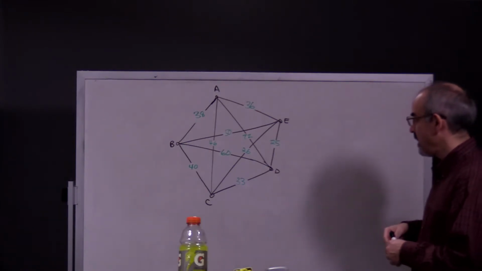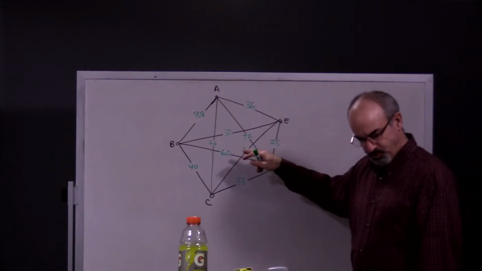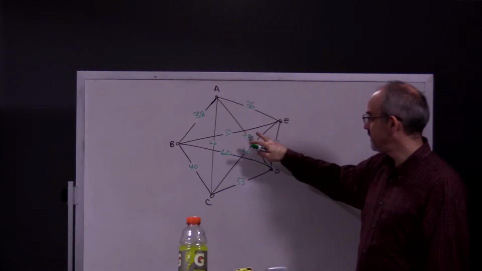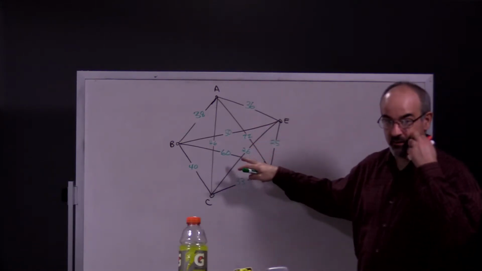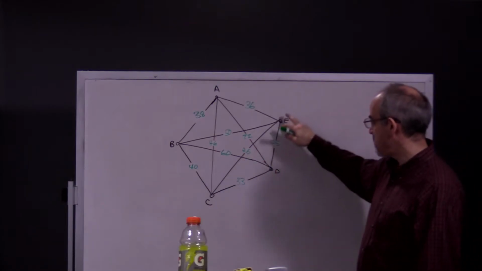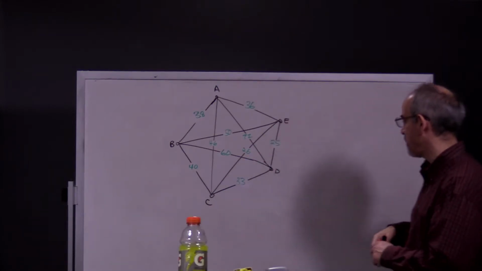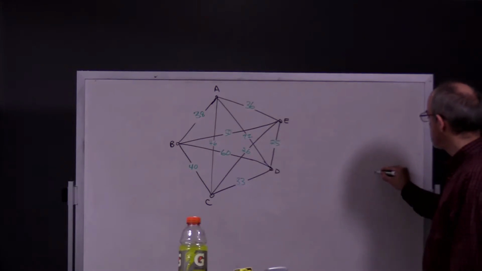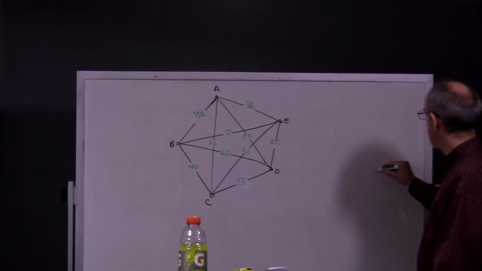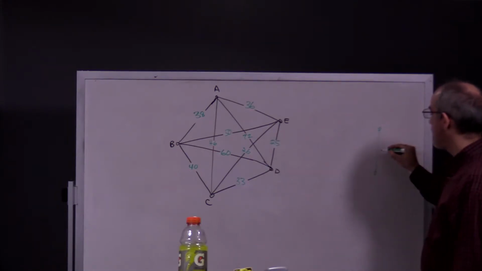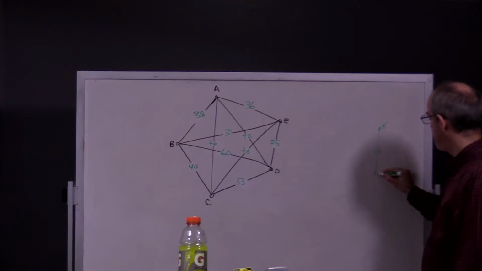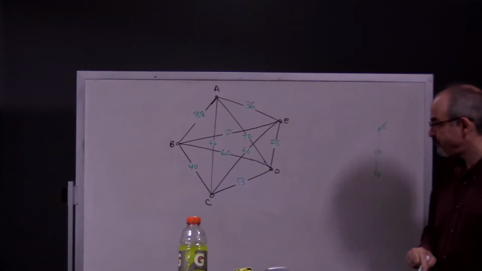Okay. So if you look at this graph, the edge that has the least weight is the edge that goes from D to E. It's 25. So I'm going to draw that. Okay.